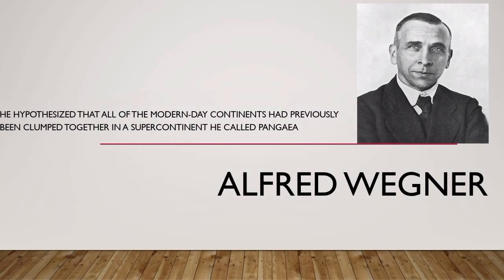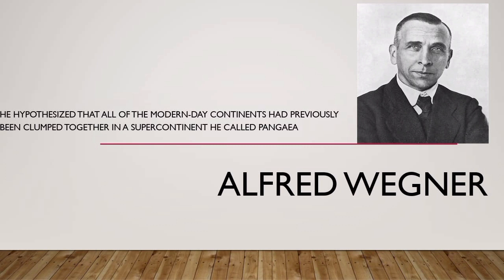Now let us take a look at the person behind this wonderful continental drift theory, Alfred Wegener. He made the continental drift theory and studied the motion of the plates. Wegener was convinced that all of the Earth's continents were once part of an enormous single landmass called Pangaea. He is also known as the father of continental drift theory.